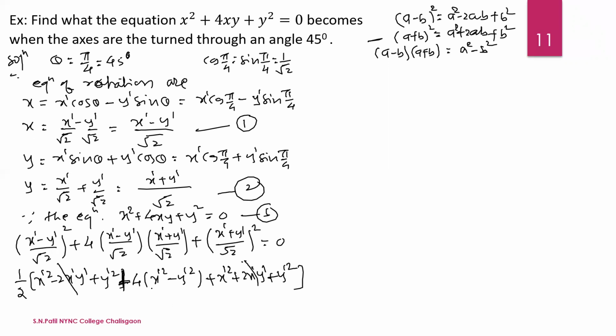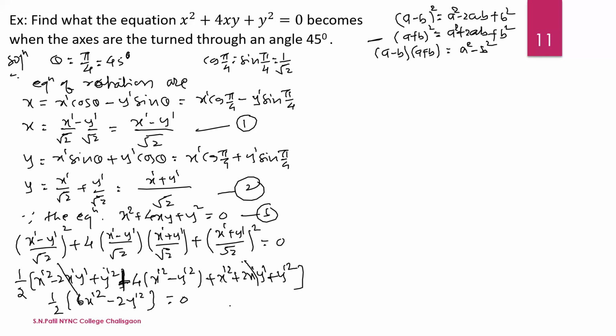Now 4x dash square, this one and this one, that is 6. So 1 by 2 times 6 x dash square. Now minus 4 y dash square, minus 4 and 1 and 1, that is minus 2 y dash square is equal to 0.